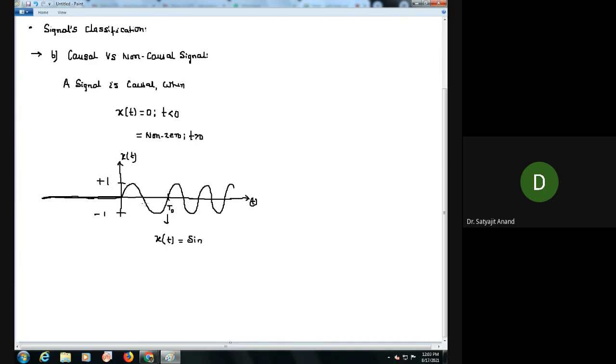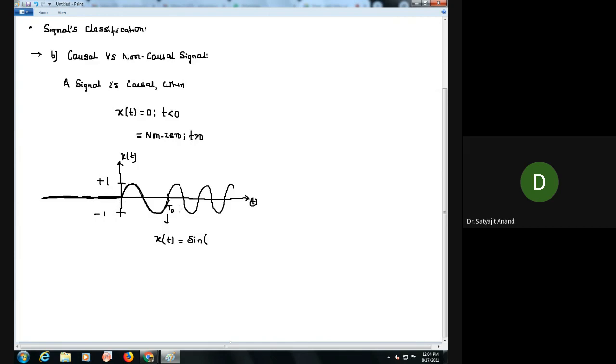This is not a periodic signal, student, but consider this as T naught. Why is it not periodic? Because on this side we don't have any repetition of this shape. The shape is not repeating when time is negative. So this signal is not periodic.